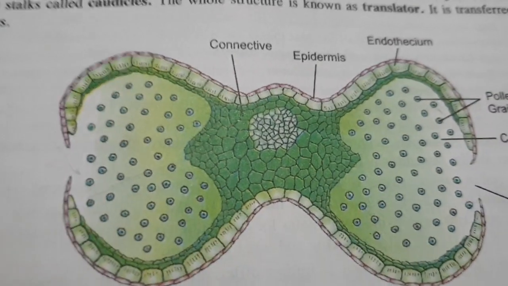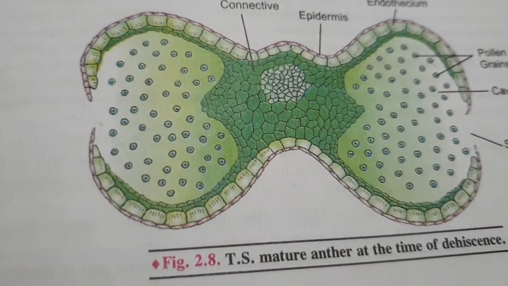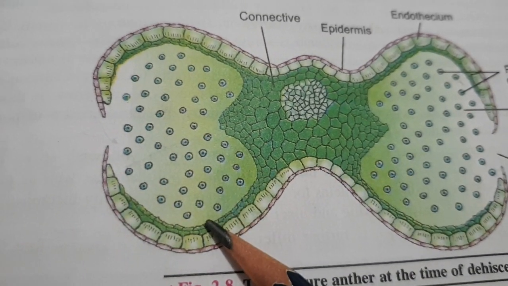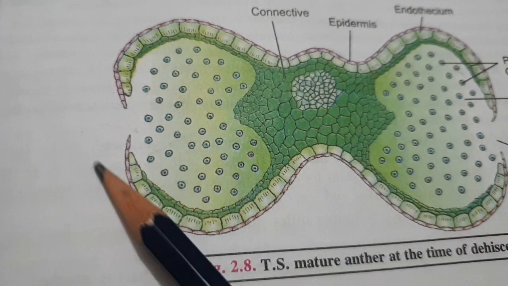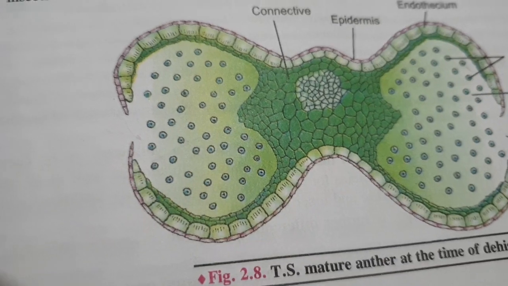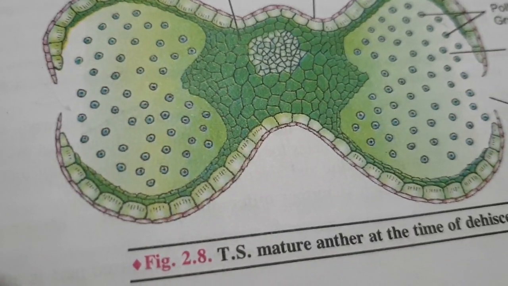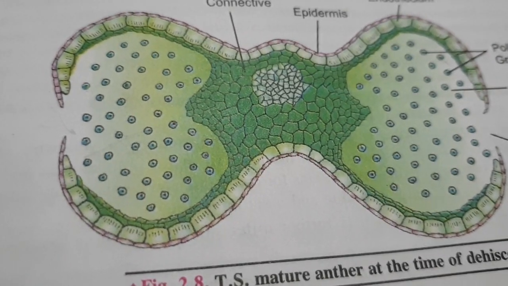When pollination occurs, they have to fall on the stigma, either of the same plant or of a different plant. So when the pollen grains are formed and liberated, the process of microsporogenesis is completed.